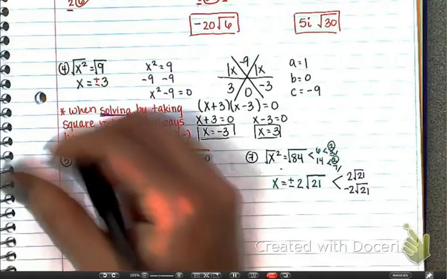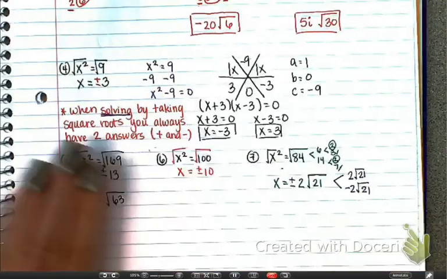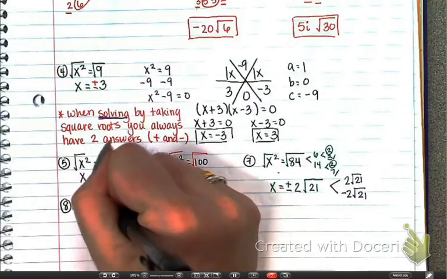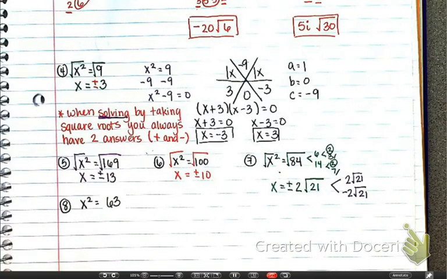Try this one. X squared equals 63. Someone walk me through it. A lot of you had right answers. You guys are doing it right.